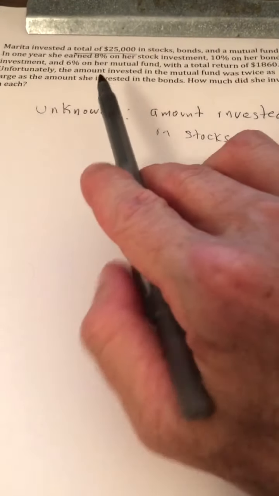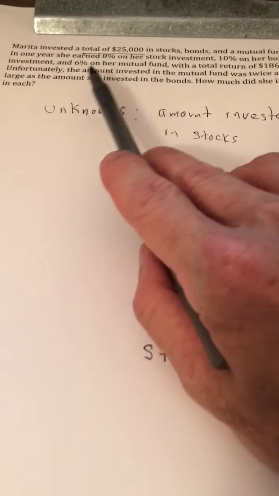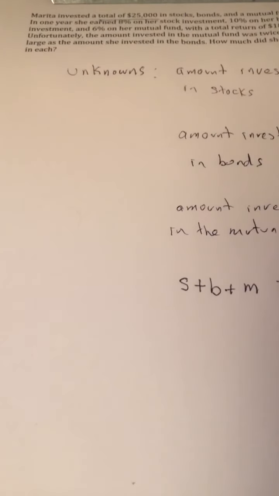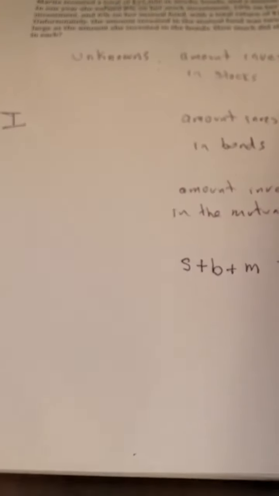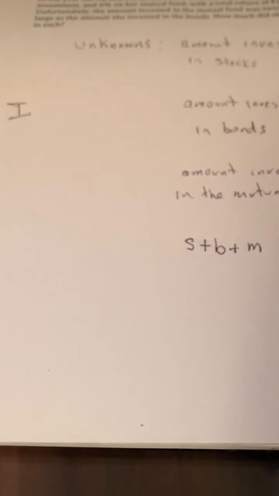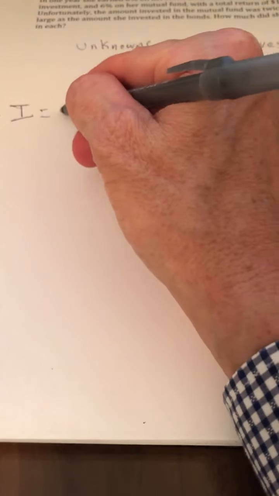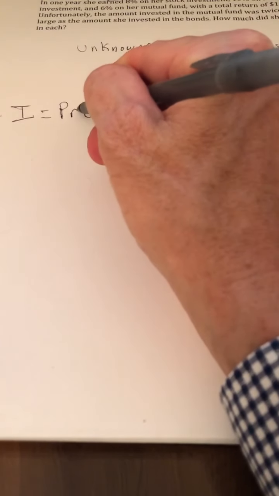And they're telling us the rate of return on each investment and the total return. So there's something you need to know from a previous course or this knowledge of investments. The interest, I stands for interest, is equal to PRT. Remember, I is equal to PRT?